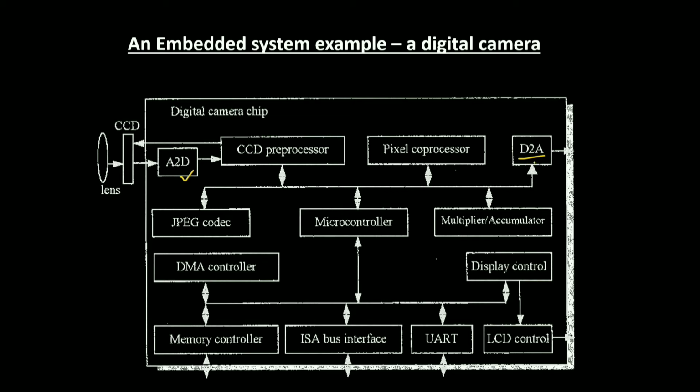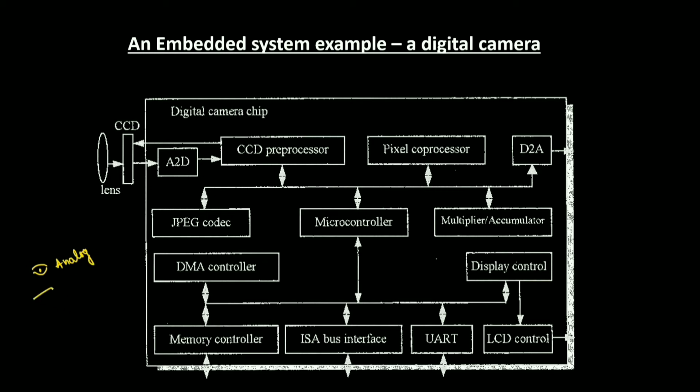Hope you understand this thing. This is very important. Everything in the real world which we see is analog, but a computer understands mostly digital things. So what we see through our eyes is always analog.